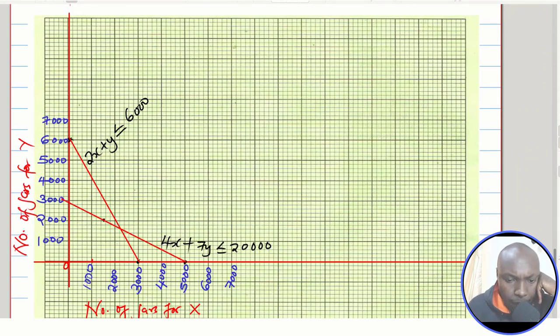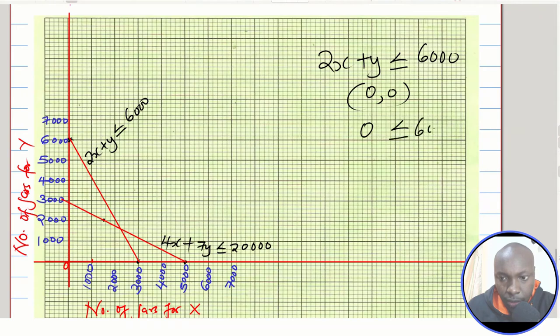From there, we now need to shade the unwanted side. For the first one, 2x plus y less than or equal to 6,000, if we pick a point on this side of the line, like 0, 0, you notice that 0 is less than or equal to 6,000. So that one satisfies, so the other side becomes the unwanted side.